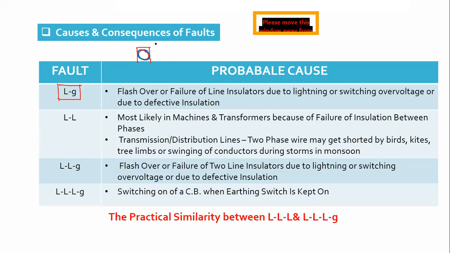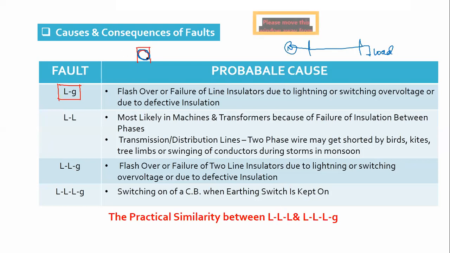Now, let's say it is a generator. The generator is continuously loaded over a long period of time, and there will be continuous heating of the insulation. So over a period of time, due to aging, or due to overheating, the insulation may get weakened, deteriorate, and fail.